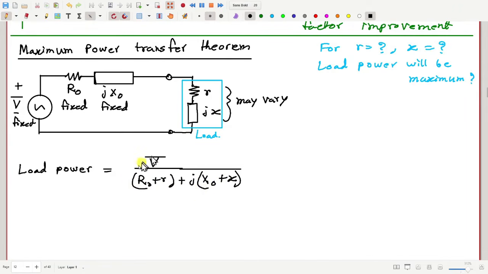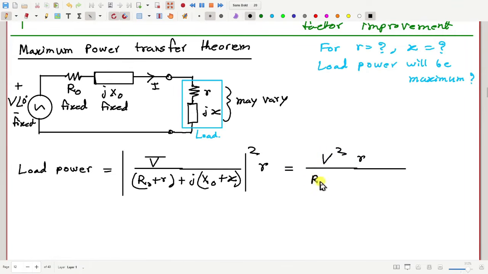So this is basically the current I. Now if I take the square of the magnitude of this current and multiply by R, I get the load power. So if this V is V angle 0 degree, then this will be V square into R above, and what will be the denominator?